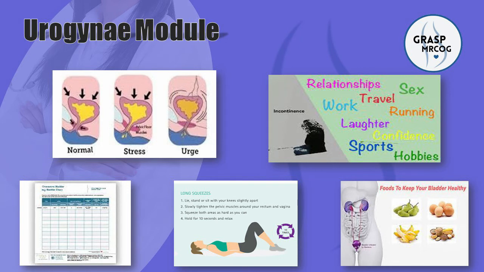You maintain it for at least 3 days, and on it you mark how much fluid you drink, what type of fluid you drink, how often you need to go to the toilet to pass urine, what the amount of urine is, and how many episodes of incontinence you have along with that. Okay, so this is something she might have done already. Otherwise, if she hasn't, then you can offer her a bladder diary. Then comes urine analysis.